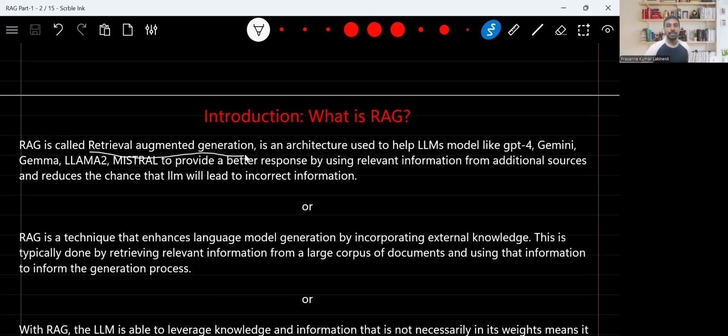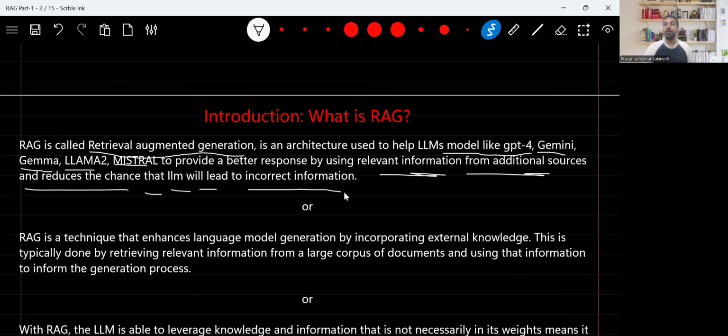If you see the definition, RAG, Retrieval Augmented Generation, is an architecture used to help LLM models like GPT-4, Gemini, Gamma, Llama 2, Mistral provide a better response by using relevant information from additional sources, and reduces the chance that the LLM will lead to incorrect information.